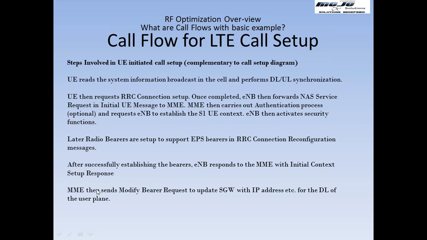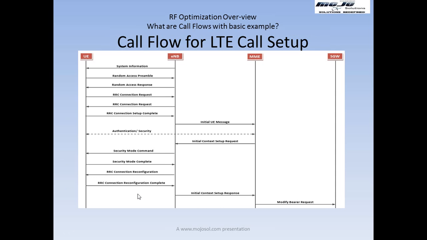Once the traffic channel is established, the MME sends the SGW a request that, okay, we have established the channel, the traffic is established, you can send the data to the UE directly, or the UE can request the data directly from the SGW. Okay, is that understood? Is there any confusion in this call flow so far?